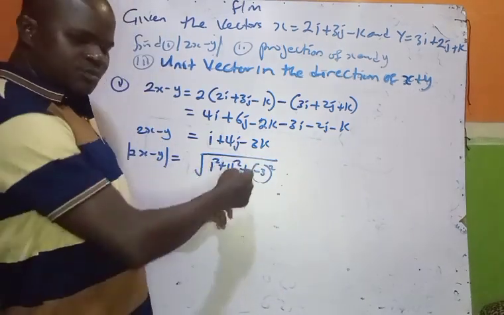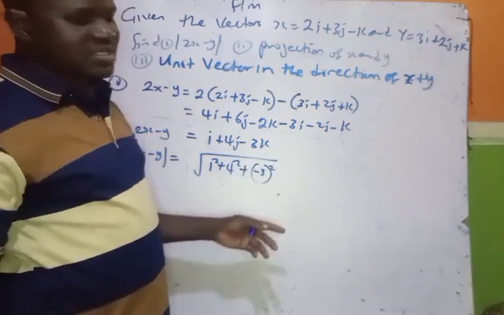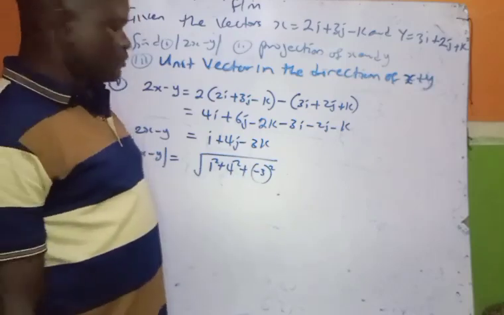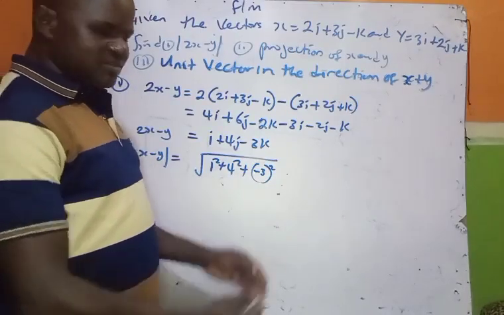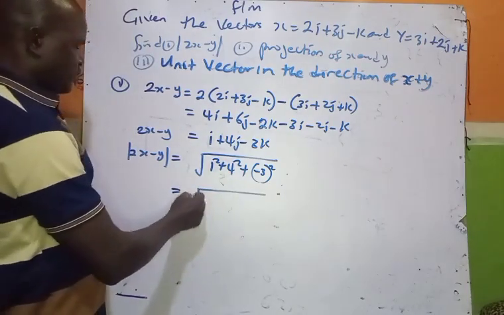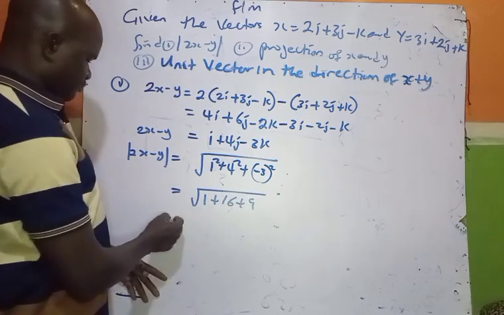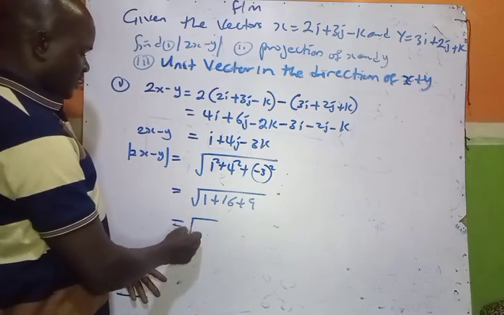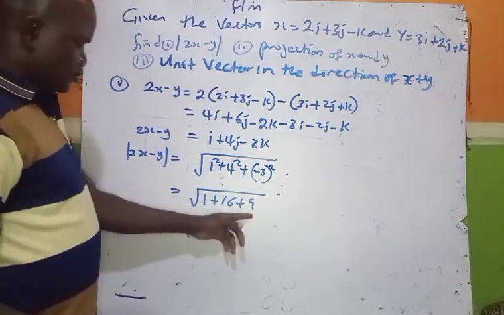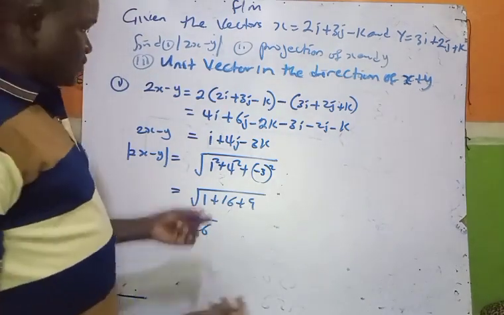You can't go and put minus 3 squared without putting it in brackets. They get minus here, they miss it. So you put this one in brackets. So you have here 1 plus 16 plus 9. Add them together, you have 26. So your answer is root 26. You can leave it like that.